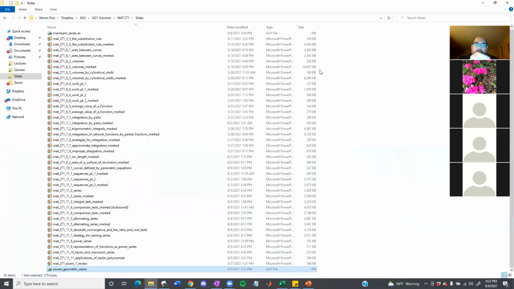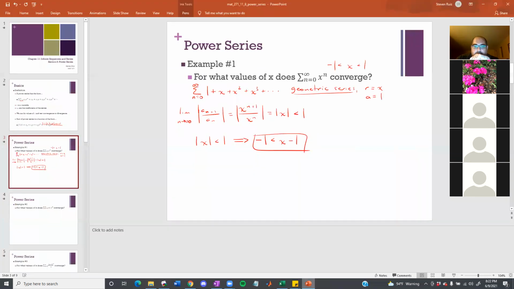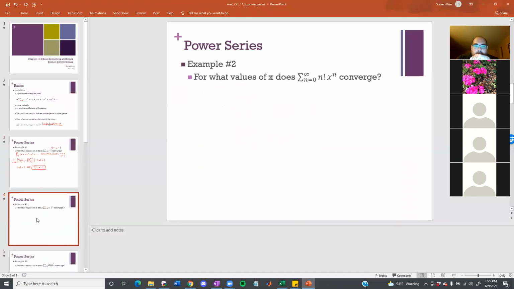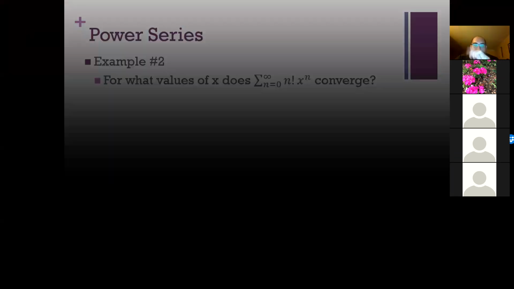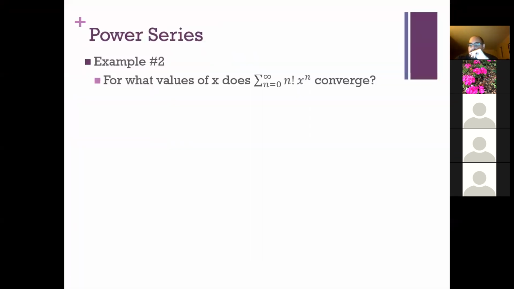All right, let's go back to slides. So let's look at another one here. One thing you're going to get used to is that for looking at these power series, the ratio test is, far more often than not, going to be how we handle these.